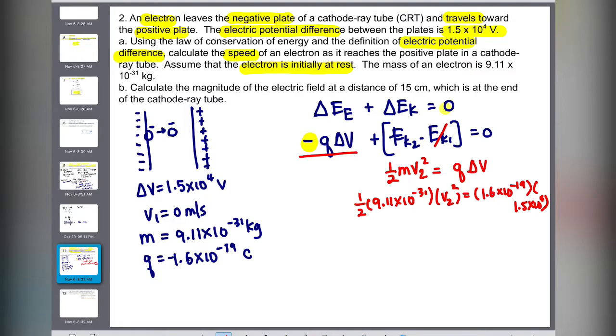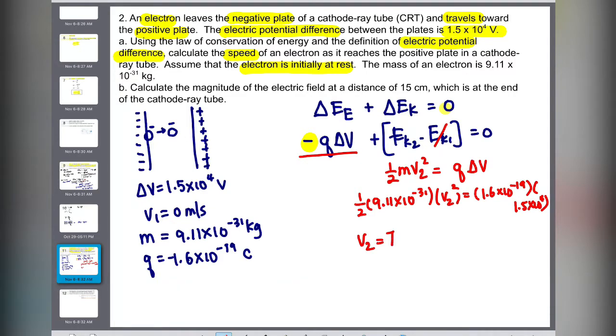All right, so plug in the right-hand side first. 1.6 exp negative 19 times 1.5 exp 4 equal. Deal with that half, so times 2 divided by 9.11 exp negative 31 equal, taking the square root.